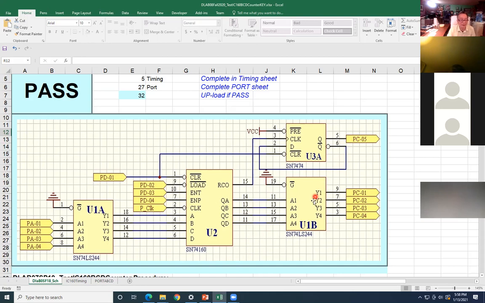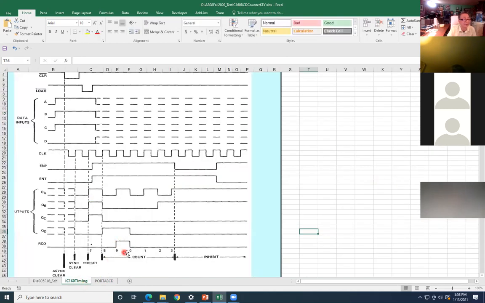Okay, the reason why we have to do it that way: if you look at the timing right here, this only goes up for a very short time, then it goes down. If you're doing a manual test, that's okay. In a manual test, you have to connect the oscilloscope to output RCO.